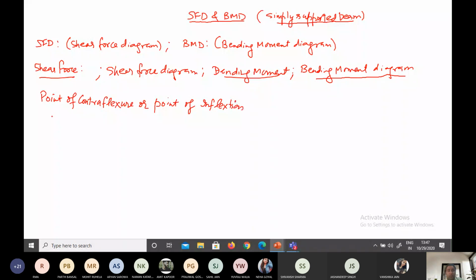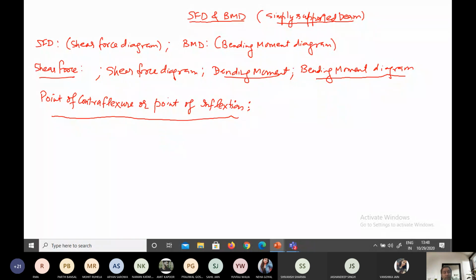This is one important definition, so I am going to discuss it. Before that, I am repeating the bending moment diagram. The graph in which the y-axis represents the bending moment and the x-axis represents the position of the section is called the bending moment diagram.